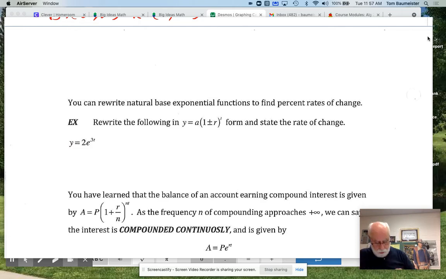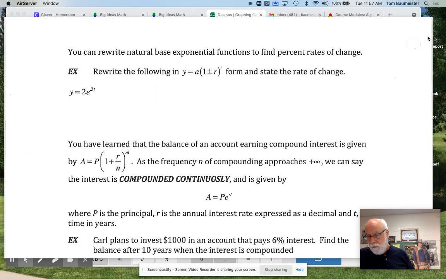But we have a couple other important ones here. You can rewrite natural base exponential functions to find percentage rates of change, which we just did yesterday. So rewrite the following in y equals a times 1 plus or minus r raised to the t power form and state the rate of change.